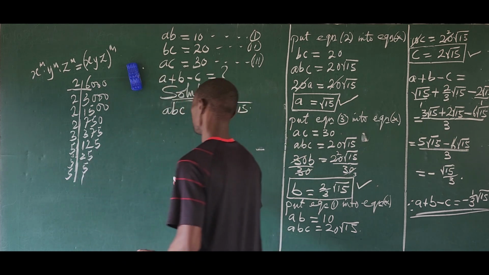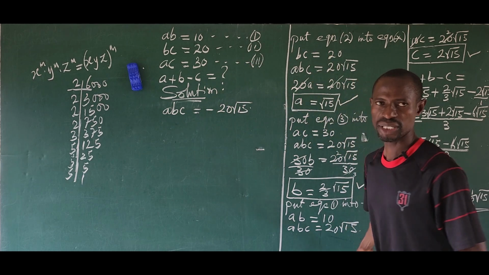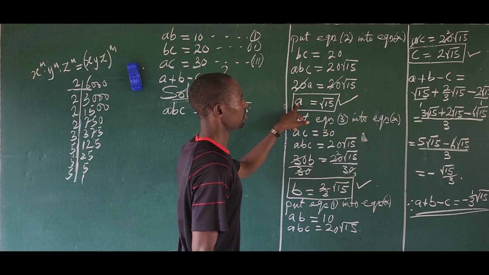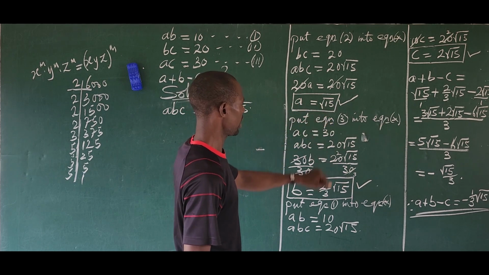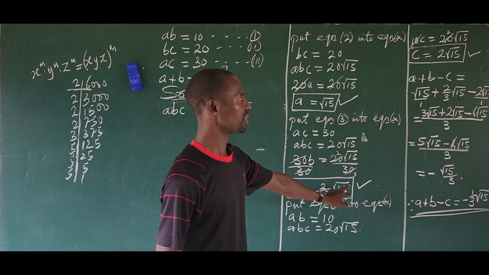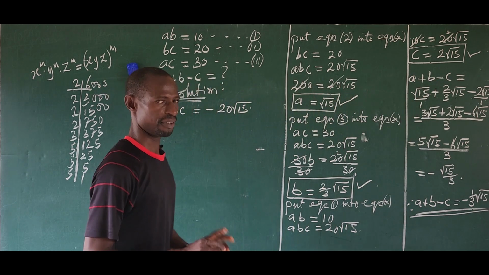Now, if we do the same thing we did for the positive part, our A is going to be minus root 15, our B is going to be minus 2 all over 3 root 15, and our C is going to be minus 2 root 15.